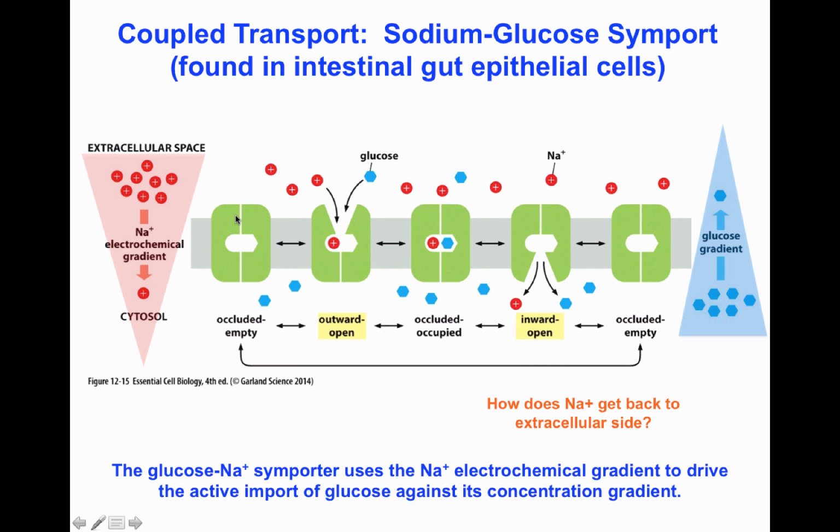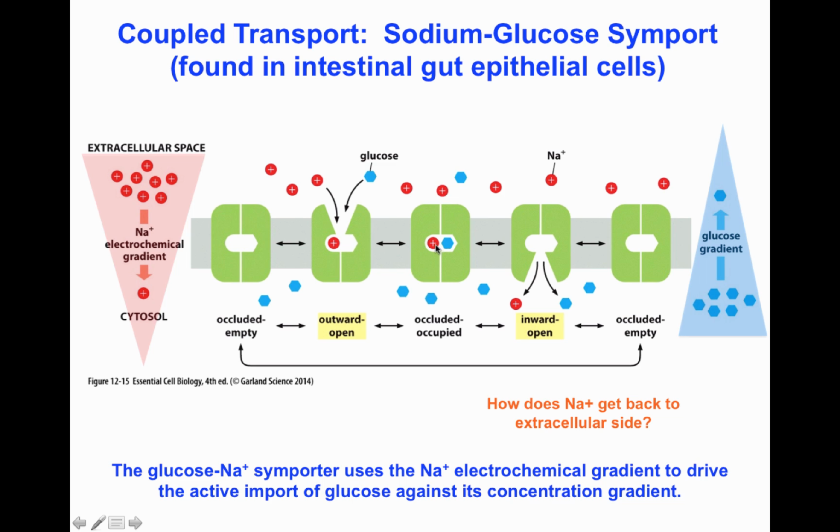The symporter is going to open up to allow the binding of sodium ions. That is going to facilitate the binding of the glucose molecule. So here in the second image, we have the outwardly open symporter.